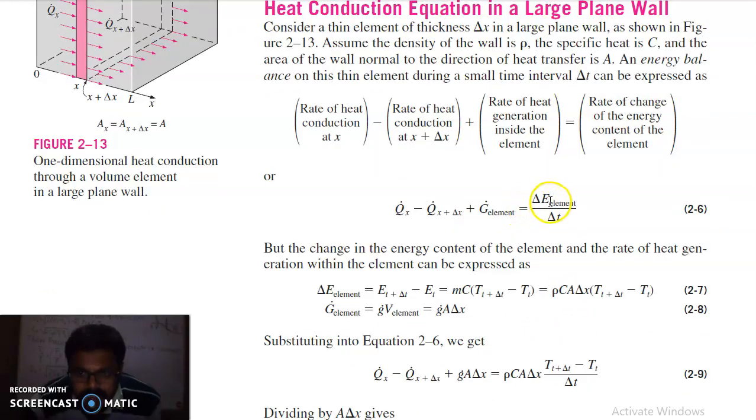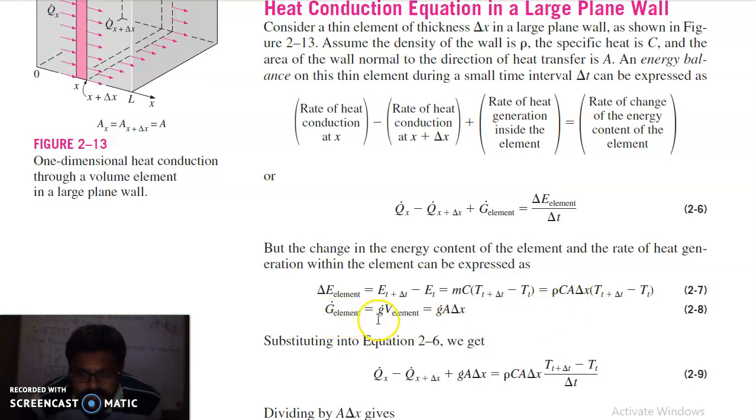Now this del E is the difference between the energy at time t plus del t and the energy at time t, which is the change in energy of the element, equal to m c into the temperature difference. Now put the value of mass, which is density into area into del x.